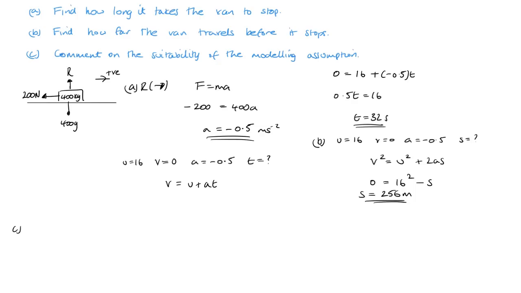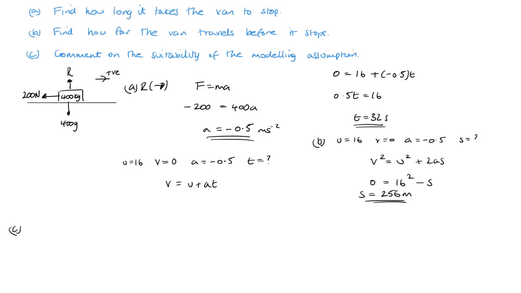Now, part C is comment on the suitability of the modelling assumption. So it said in the scenario it is assumed that the van is subject to a resistive force which has constant magnitude of 200 newtons.